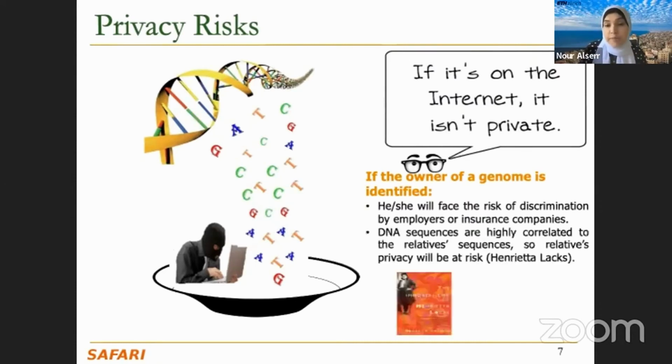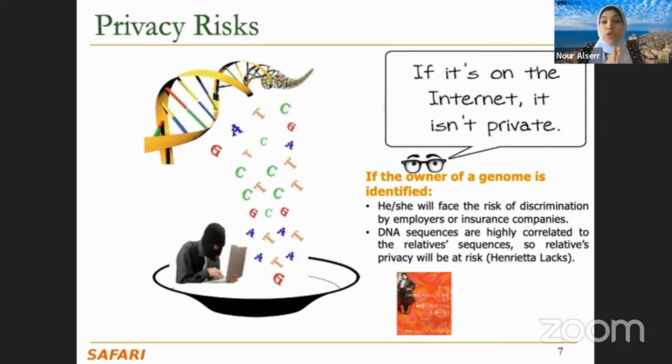Also, as we know, DNA sequences are highly correlated, right? So if the genetic record of an individual is leaked, it's leaked for good. It's not like a mobile password that you can change if it is released. If it is leaked, it's leaked for good and it's done.